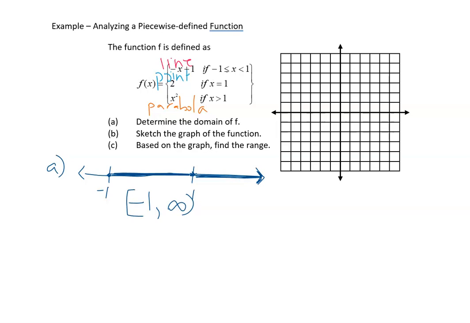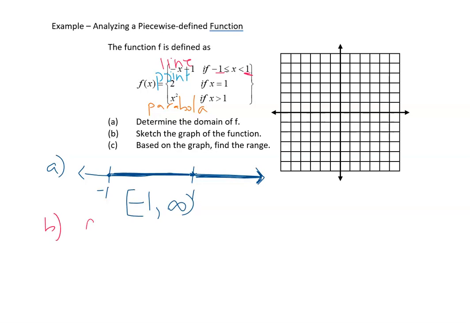So let's start with our top piece of definition. We have a line, so that tells me I need 2 points. And in this case, I have two values that have to be plugged in. I have the lowest x value, or where it's going to start, and I have the highest x value, or where it's going to end. So these are kind of nice because it tells us exactly which numbers to plug in.